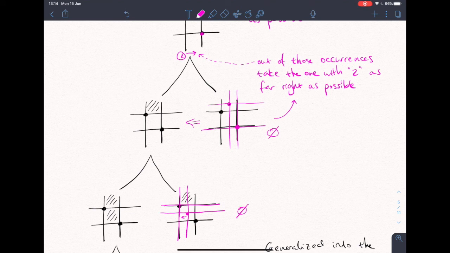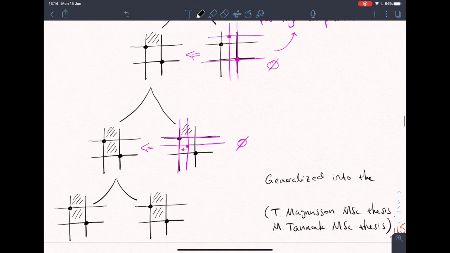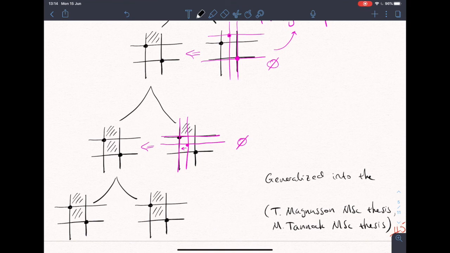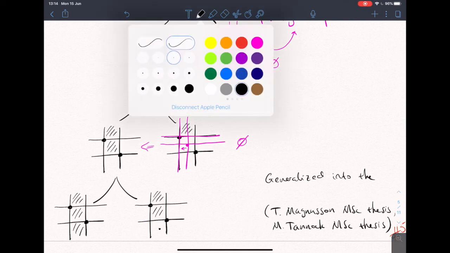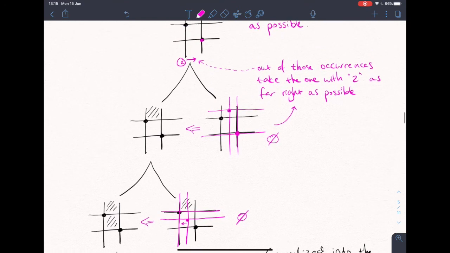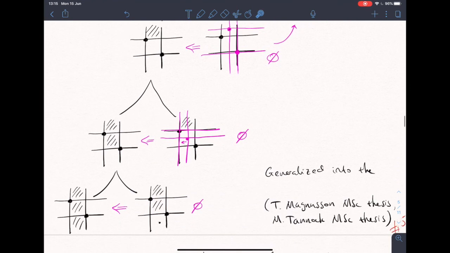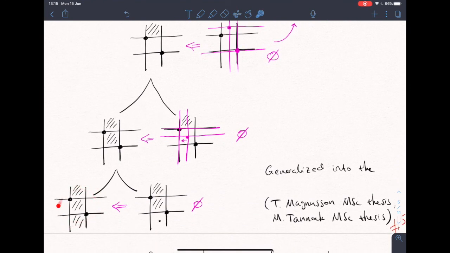So this branch can be discarded. We just need to focus here. And as you can guess, finally, either this box is empty or contains a point. And by exactly the same kind of argument, you'll realize that this can't happen and everything lives here. So if a permutation contains a 2-1, it also contains this mesh pattern version of 2-1.